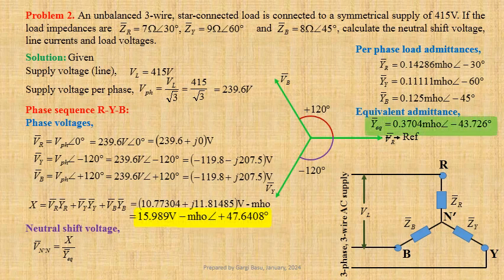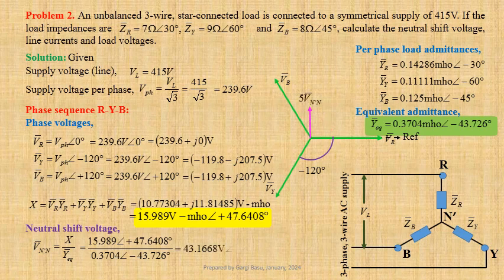Using values we get Vn' equals 15.989 at an angle plus 47.6408 degree divided by 0.3704 at an angle minus 43.726 degree, that gives us 43.1668 volt at an angle plus 91.3668 degree.